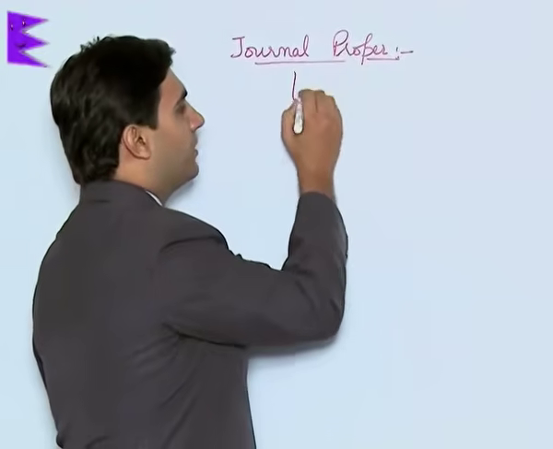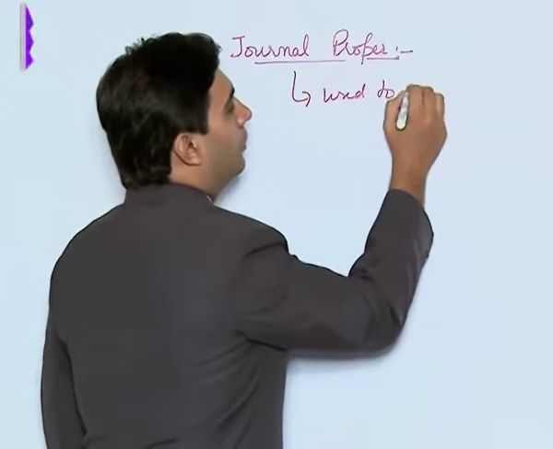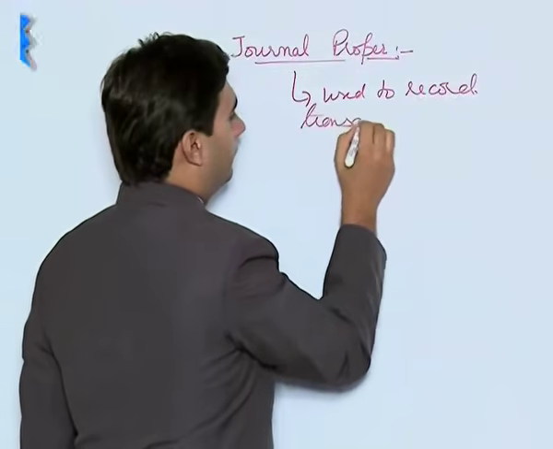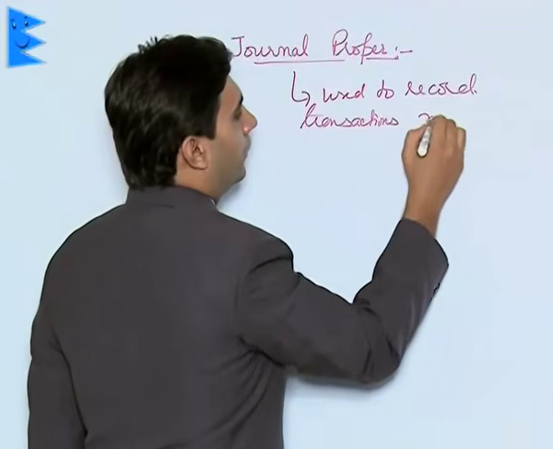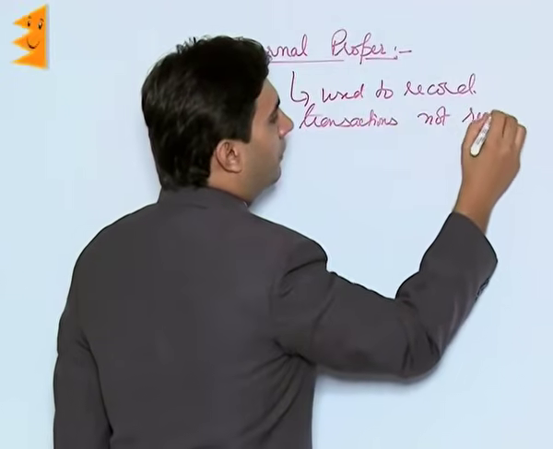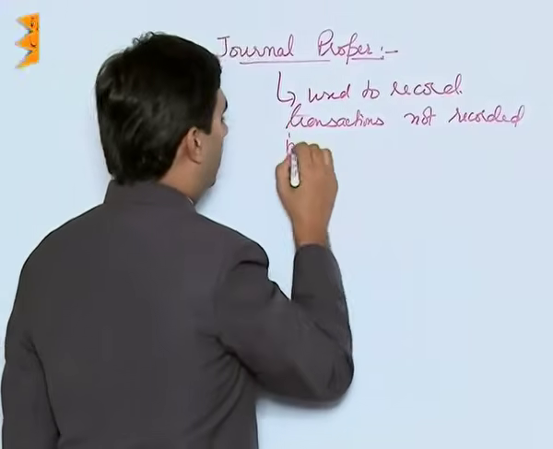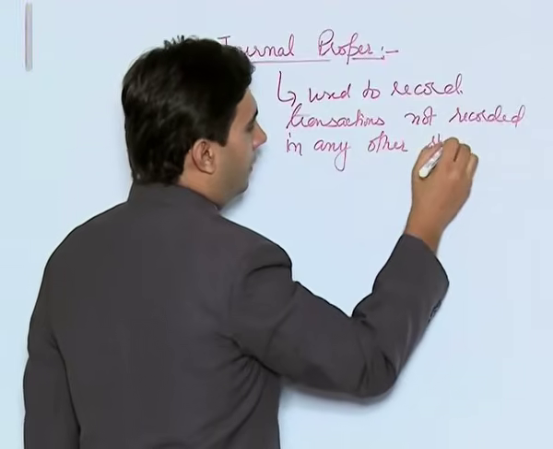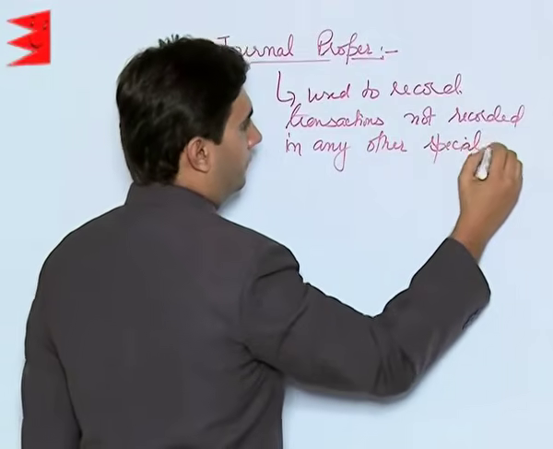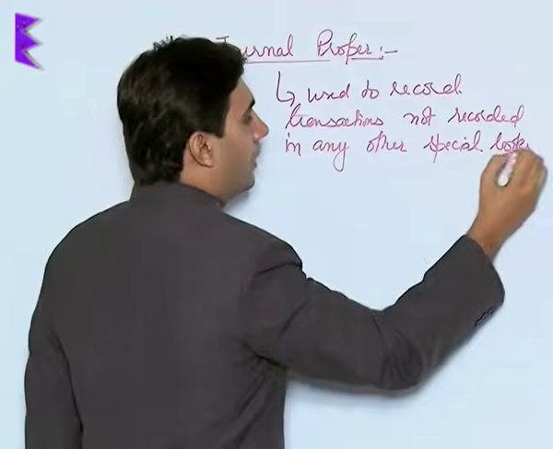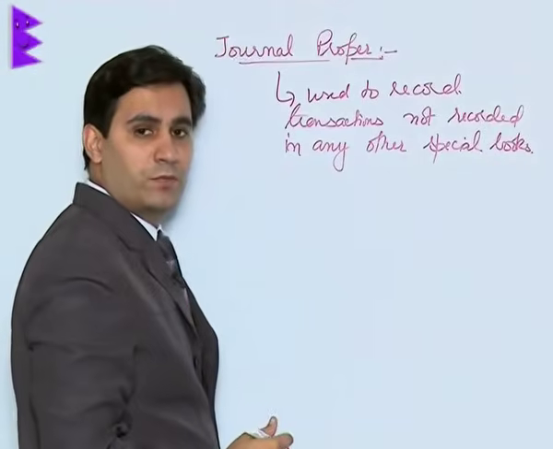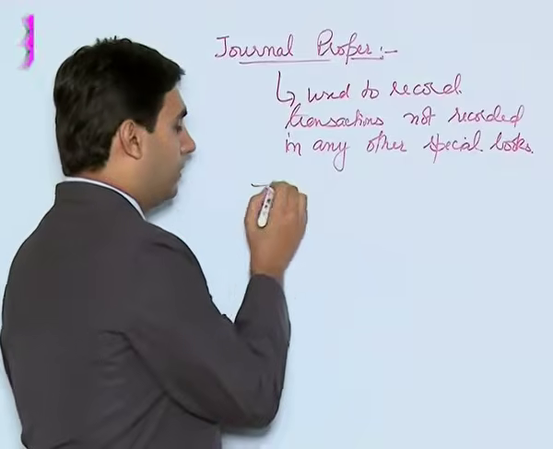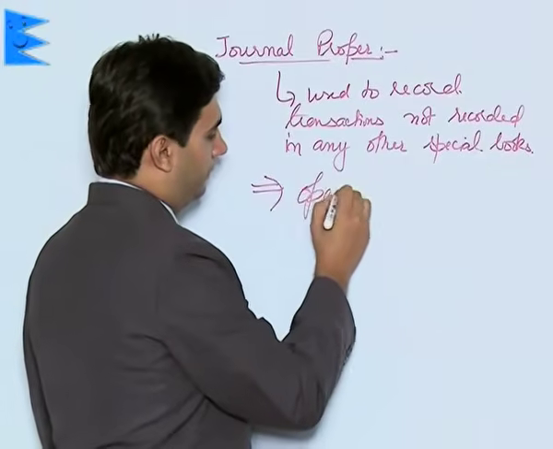So journal proper is used to record transactions not recorded in any other special book like cash book, sales book, purchase book. Now what are those transactions? These transactions can be like opening entries.